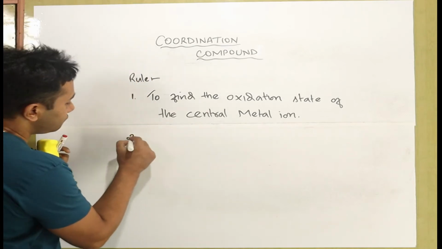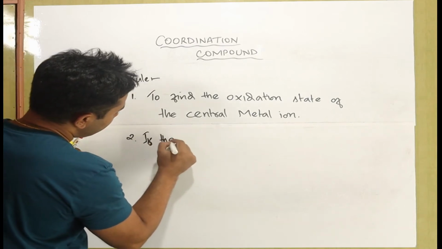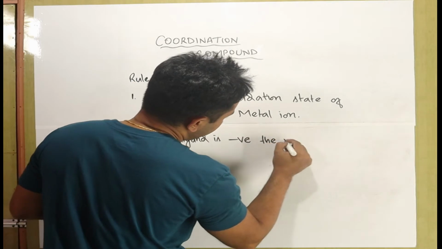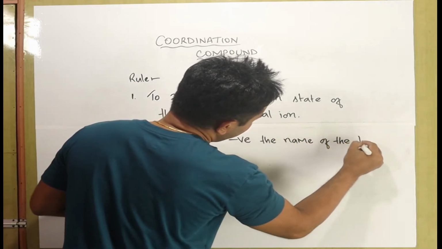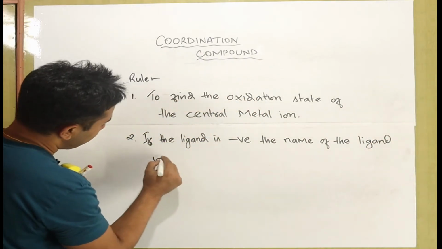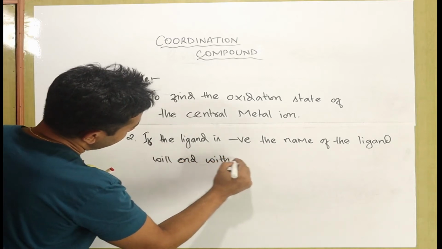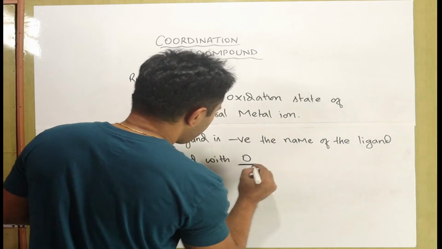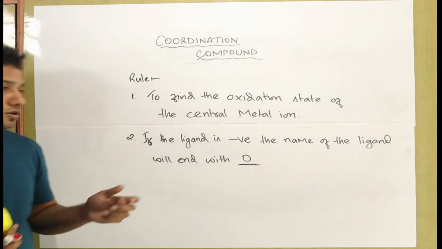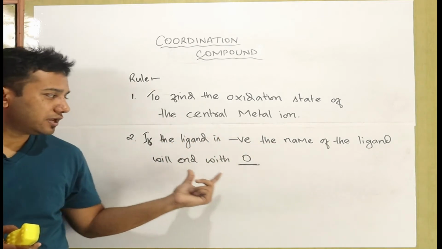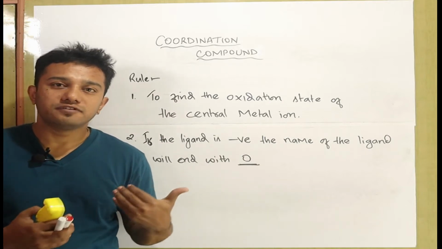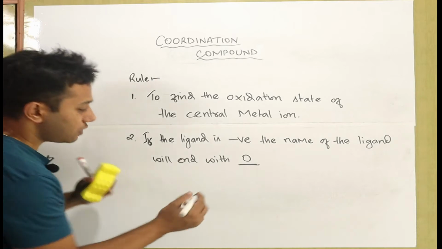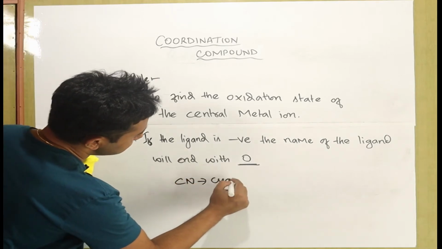Rule number 2: if the ligand is negative, the name of the ligand will end with O. So if you have a negative value for the ligand, the name of that particular ligand will end with O. For example, the charge of cyanide is -1, so it is negative, and we write it as cyano.